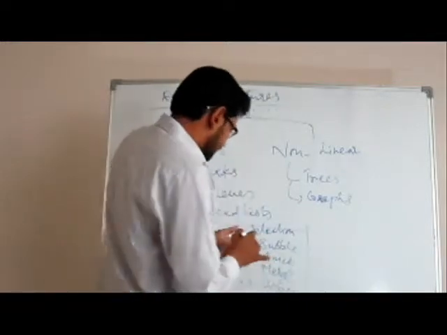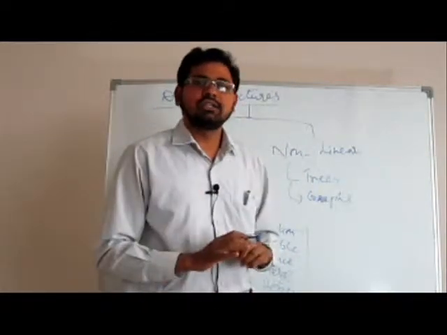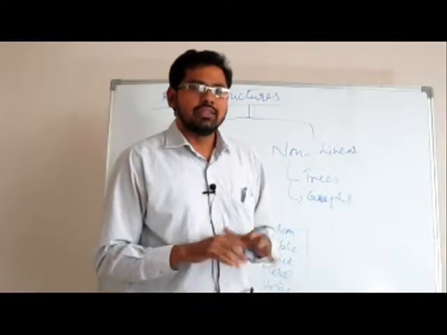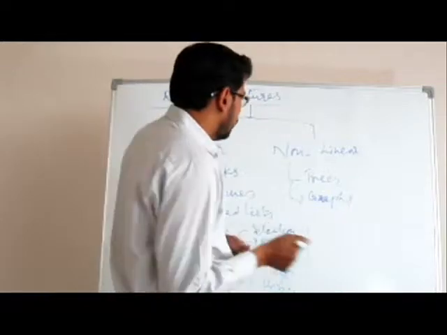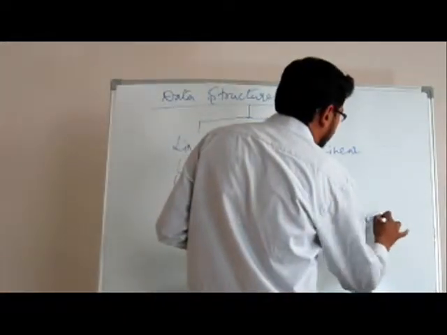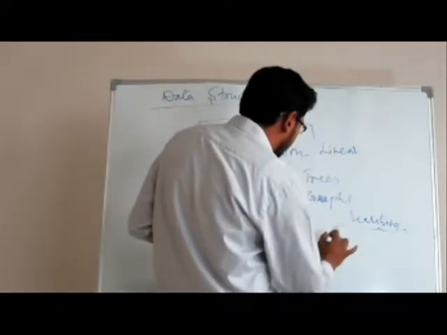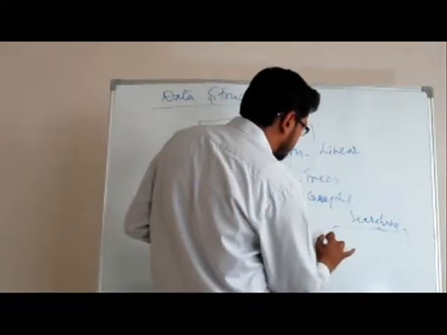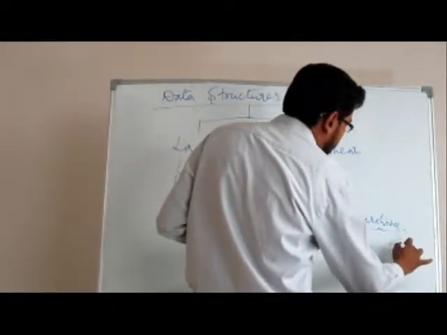After we sort them in ascending or descending order, to retrieve the data we have some searching techniques. Here I am classifying the searching techniques into two kinds, internal and external.